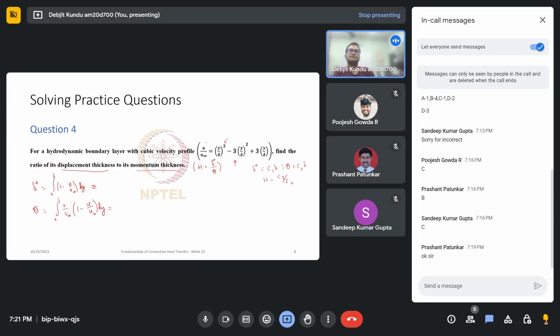So all you have to do is put in the value of u by u infinity from here, and then perform the integration to find out the relevant numbers. So let's start doing it.